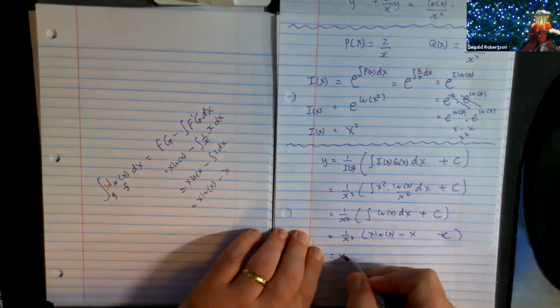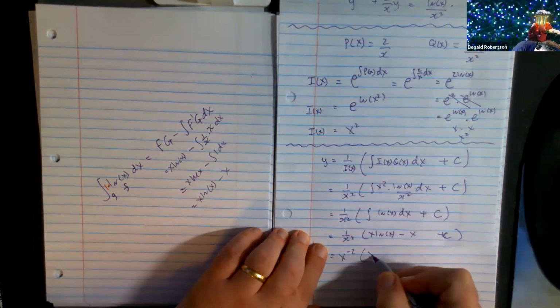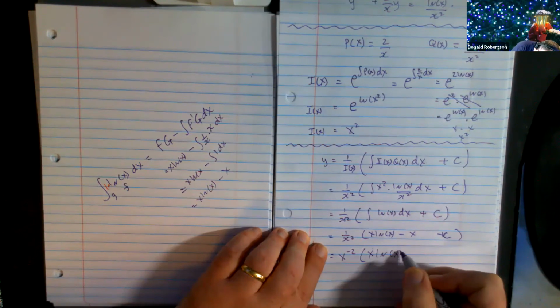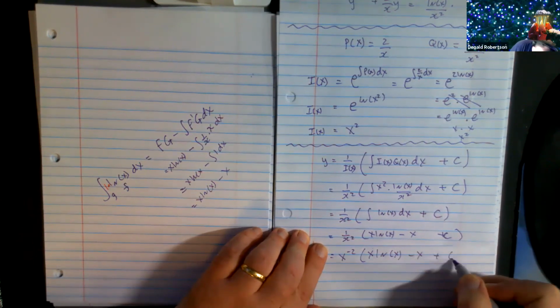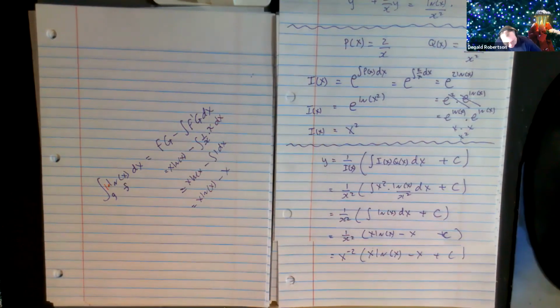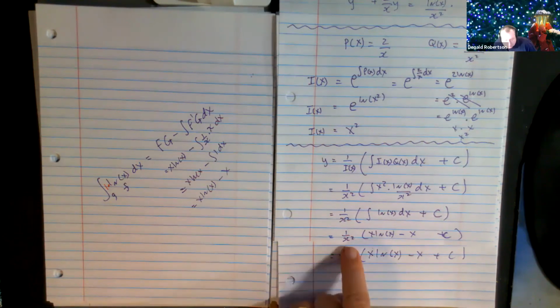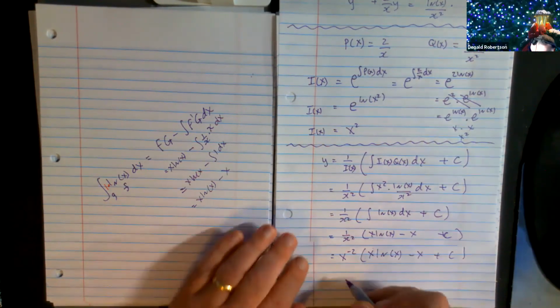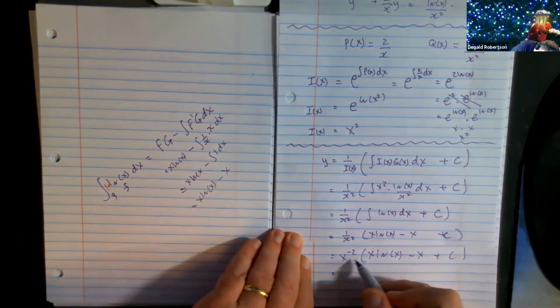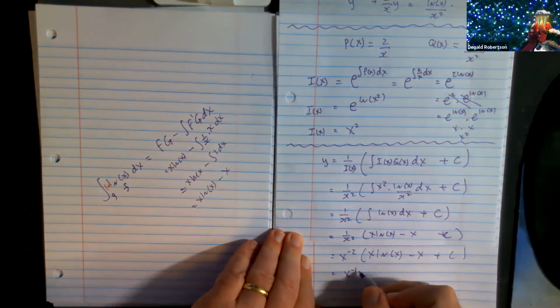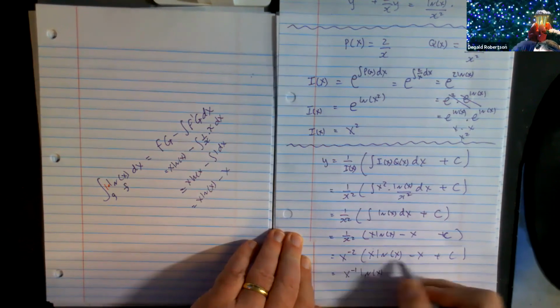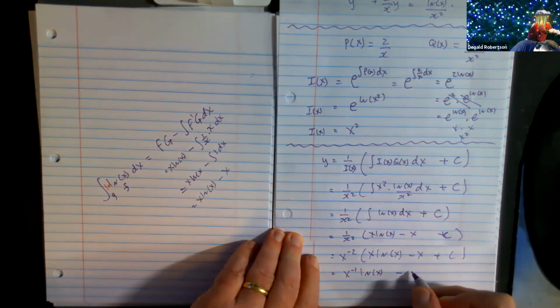Now, style points. I'm not sure I can convince you this time that this is an improvement, but we're going to try it anyway. I'm going to call that x to the negative 2 so I can distribute it. If you multiply this by this, you get x to negative 1 log x. This by this, you get x to negative 1.